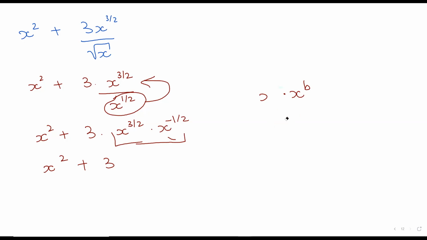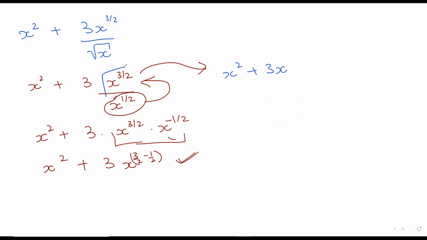Yes, ma'am. Another thing that you could have done over here. So I'm just going to show you both the ways. You can write this as x to the power 3 by 2 minus 1 by 2. This is also one way of doing it. Another way that you could have done it from over here was you could have said x square plus 3x.